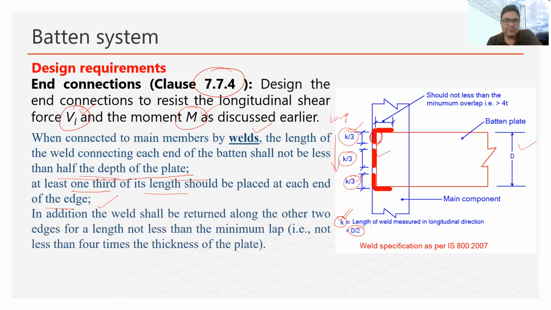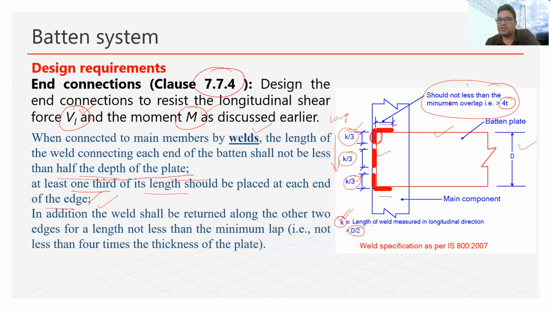Then next point, in addition, the weld shall be returned along the other two edges for a length not less than the minimum length. Now the other edges are this one and this one. So the length that is returning on the other edge should not be less than the minimum overlap, which is 4 times T. Now T is the thickness of batten.